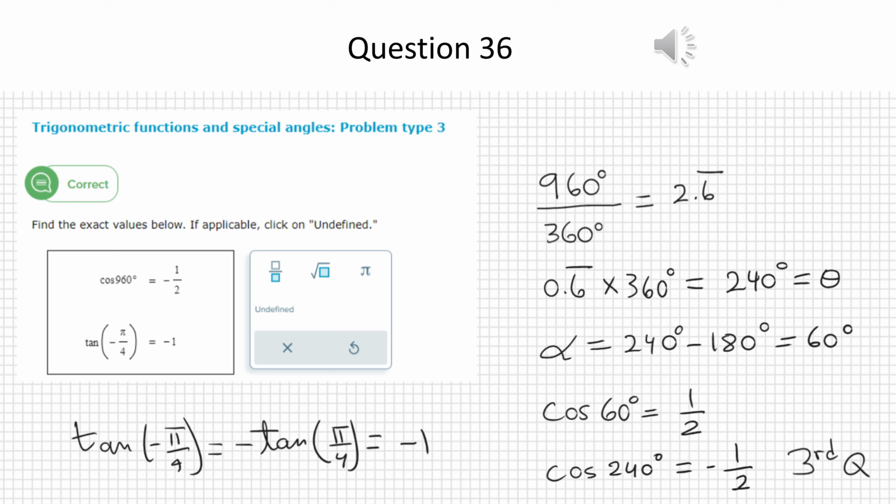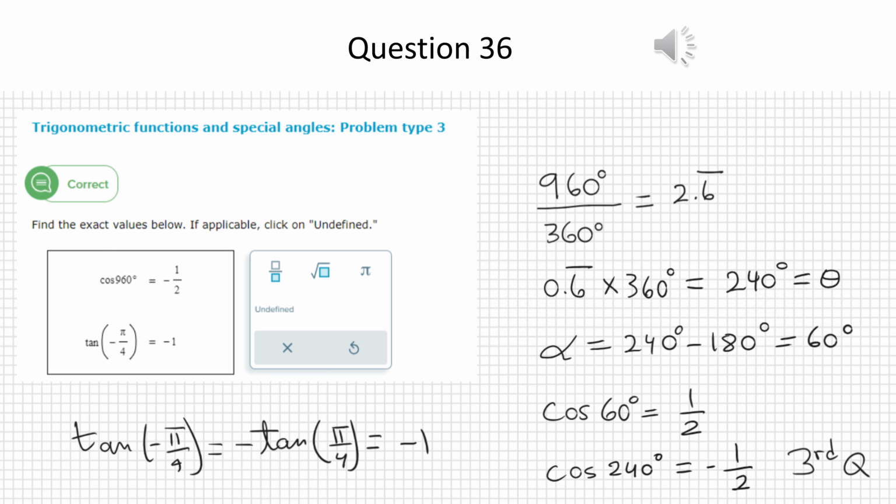Now the reference angle is 240 minus 180 because 240 lies in the third quadrant, 60. You compute the cosine of 60 and get 1/2. And you adjust the sign according to the quadrant. See, this 960 is coterminal to 240, and 240 lies in the third quadrant. Of course, the cosine is negative.